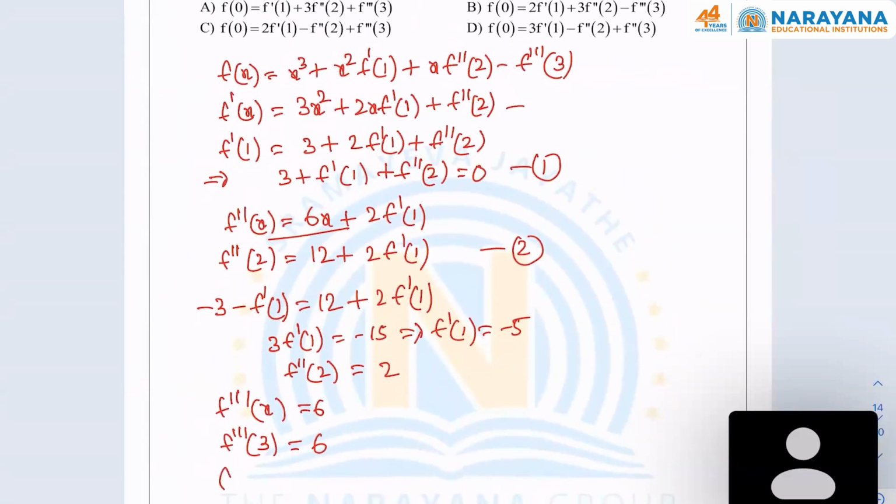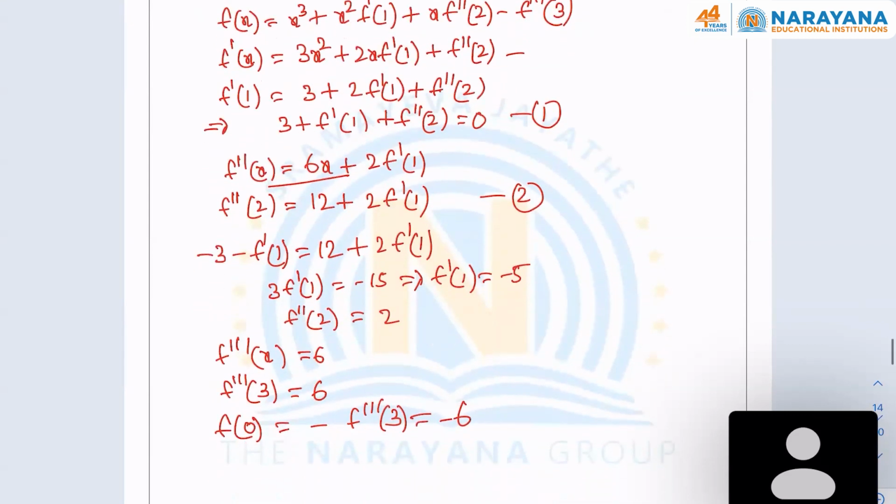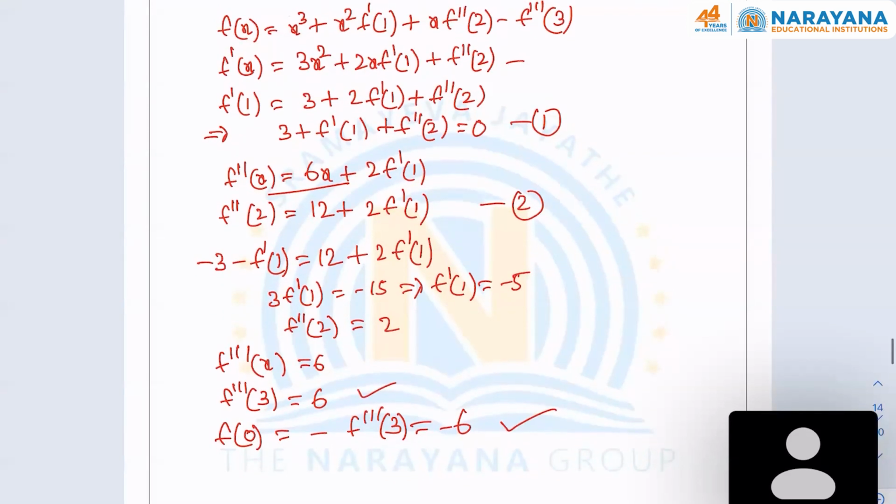I'll find f of 0 also. f of 0 is equal to minus f triple dash 3, which is equal to minus 6. So f of 0 is equal to minus 6, and f triple dash 3 is equal to 6, and f double dash 2 is equal to 2, f dash 1 is equal to minus 5.